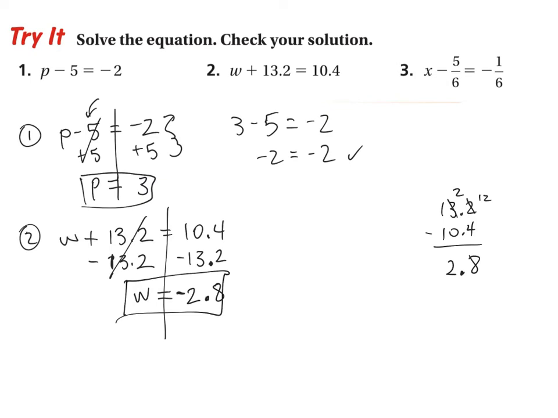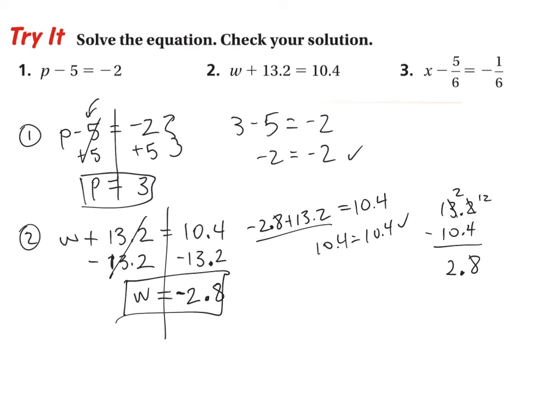And -2.8 plus 13.2. Does that equal 10.4? I could even put this in my calculator if I wanted to. But this would be different signs, subtract, and I do get 10.4. And like I said, that would be okay time to use your calculator once you've done it without.